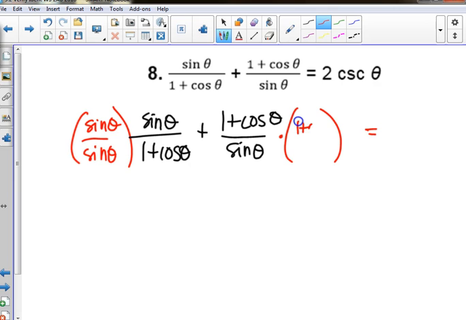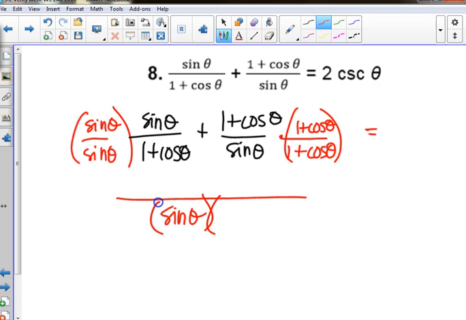Roughly 1 plus cosine over 1 plus cosine. Okay, so my new denominator is sine times 1 plus cosine. I know that much. What do I get up top? This is a sine squared.